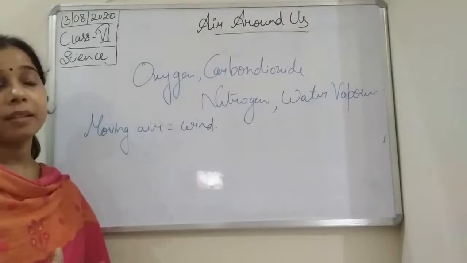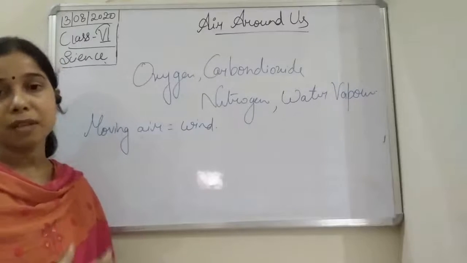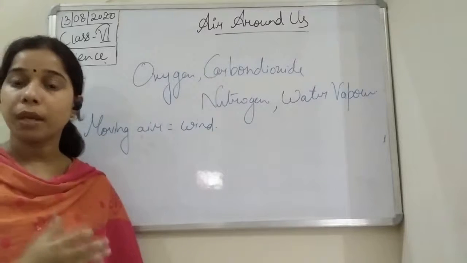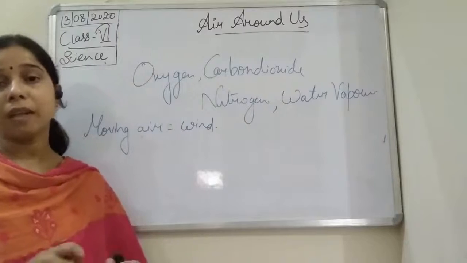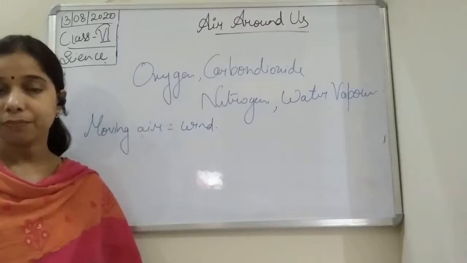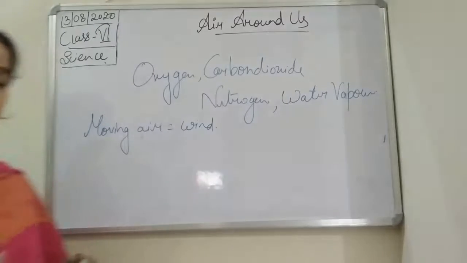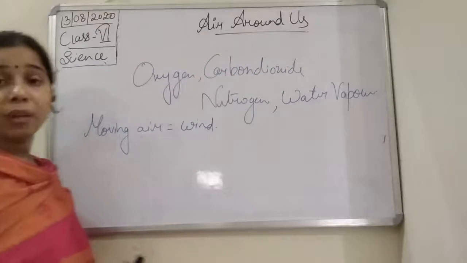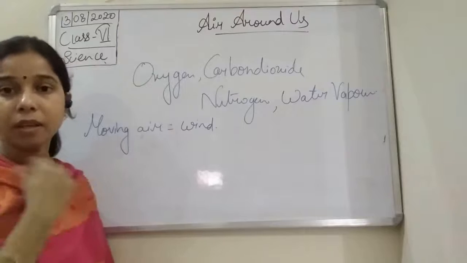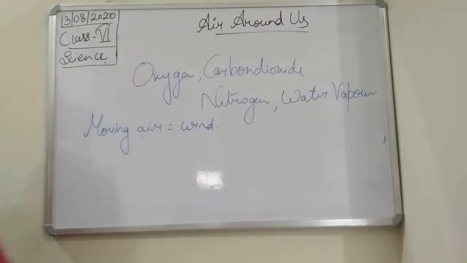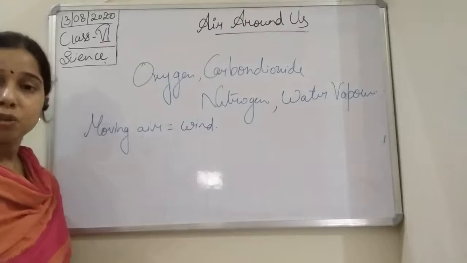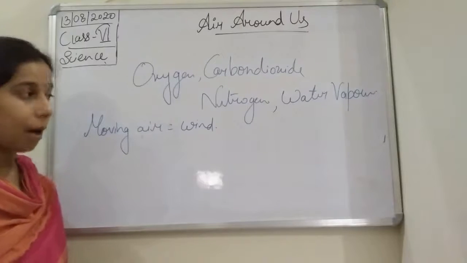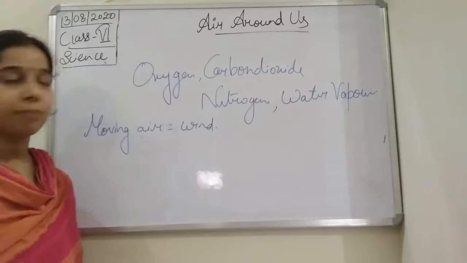It helps in stirring the leaves which are present on the tree, as well as swaying the cloth which we hang on the clothesline. And another example, it helps in rotating the firki, a toy which is played by kids. So these are the different examples through which we have understood how wind helps us.